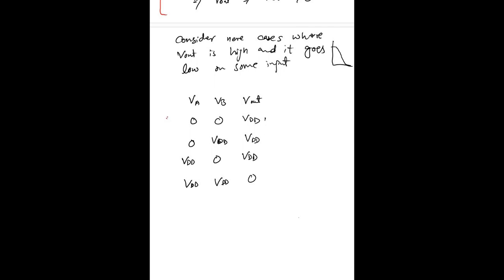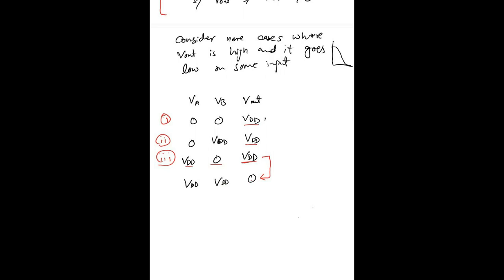We have one case where our output was high, a second case where our output was high at the initial value, and a third case where our output was again high. So we have these 3 different transitions where output goes from high to low. It means our output was initially VDD, and for example when VA was VDD and VB was 0, and VB changes to VDD, the output goes to 0 volts.